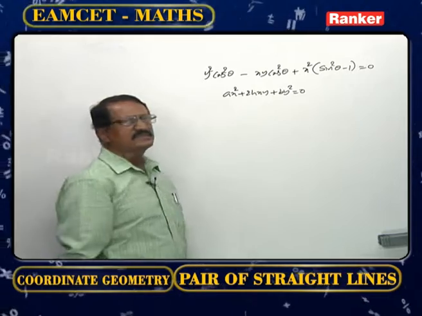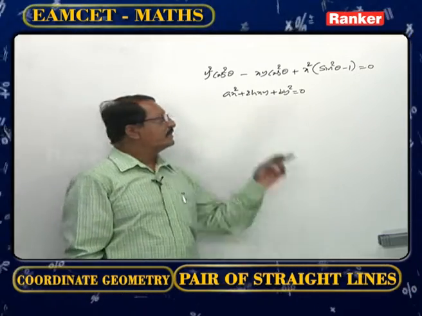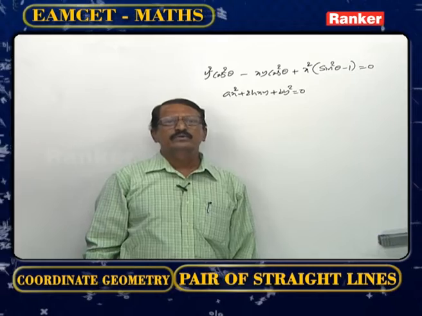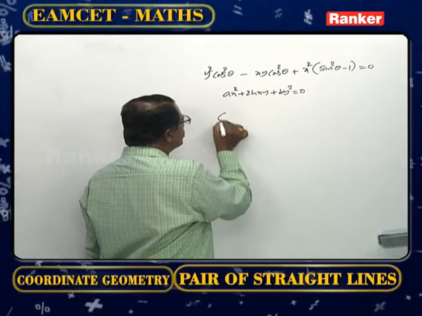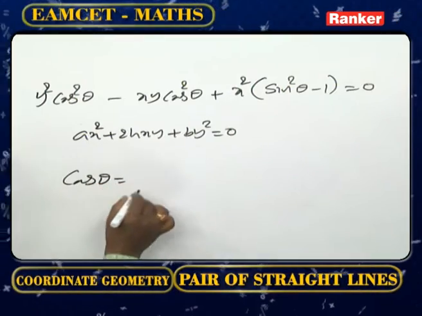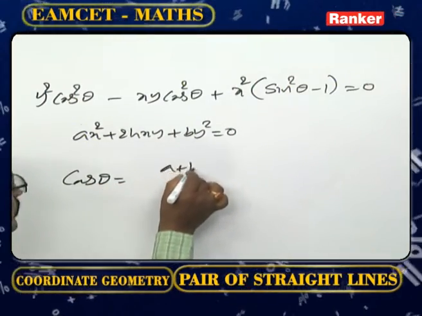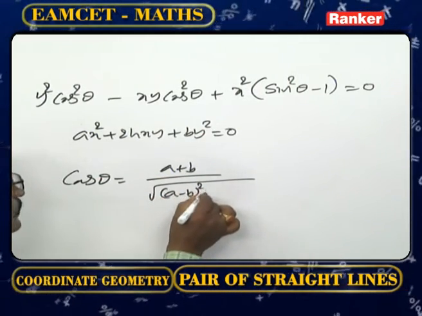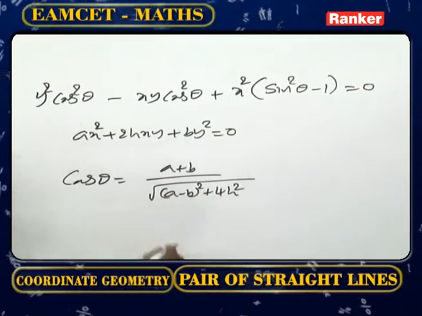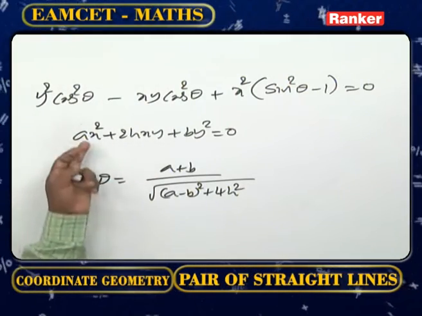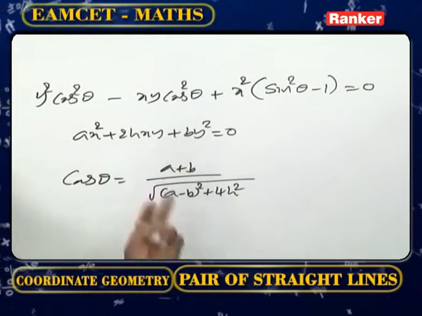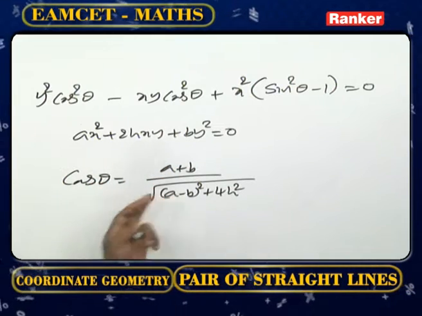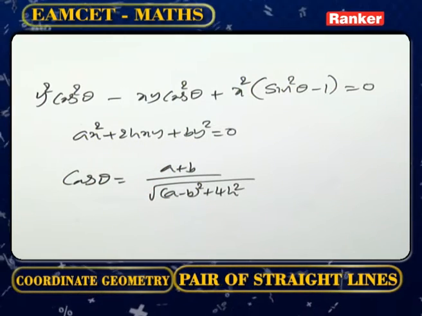If the angle between these two lines is theta, then cos theta formula equals a plus b by square root of a minus b whole square plus 4h square.